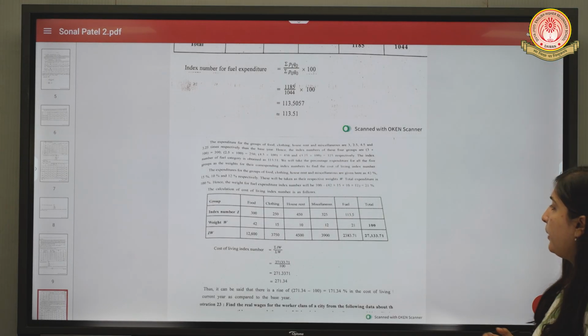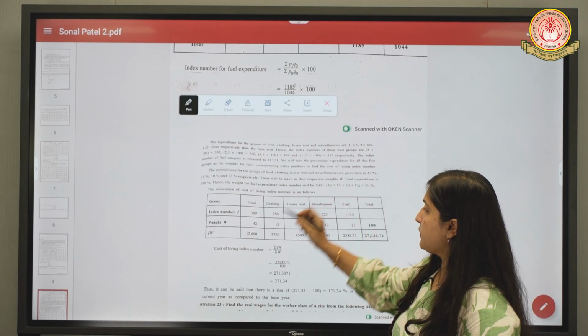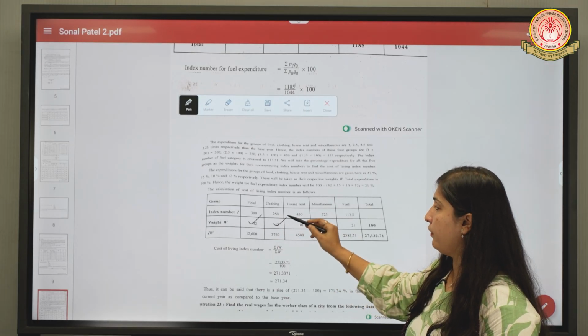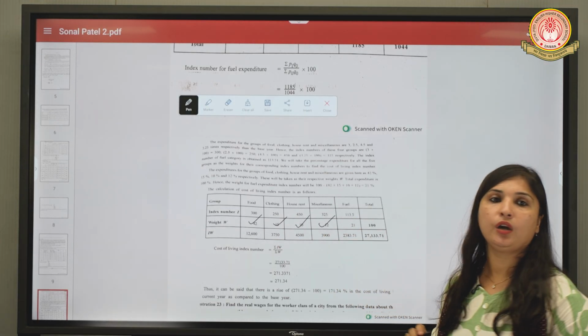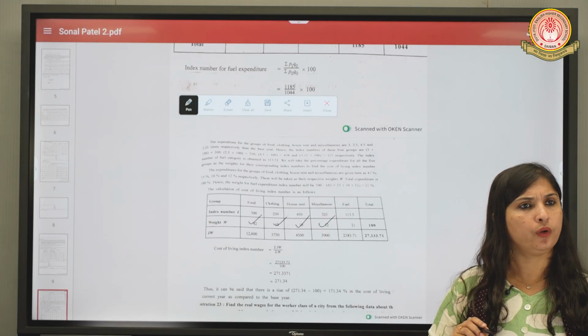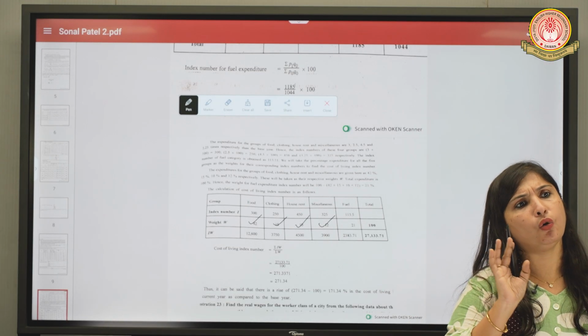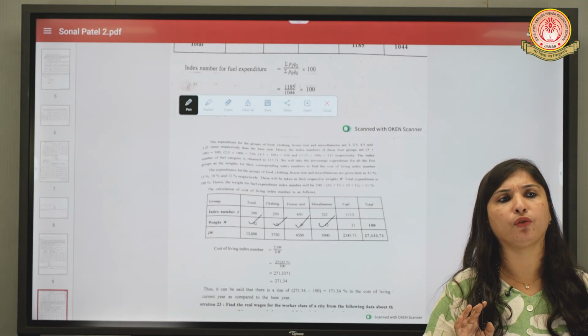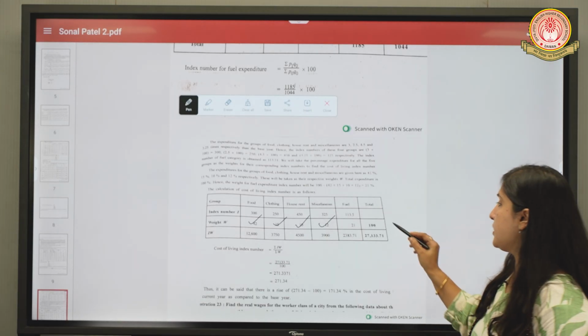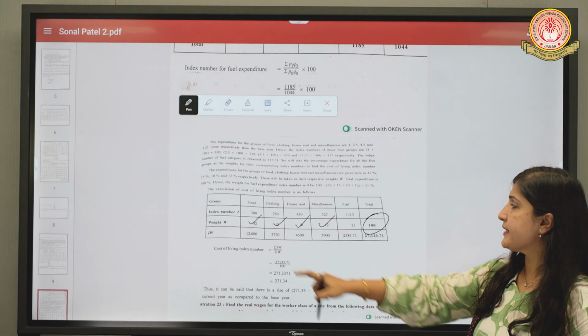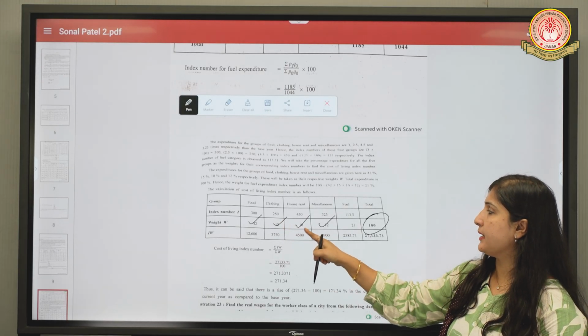So how do we find the importance of fuel? 42 was given, 15 was given, 10 was given, 12 was already given to you, but the importance of fuel we don't know. But we know the total percentage is 100. Just add 42 plus 15 plus 10 plus 12.